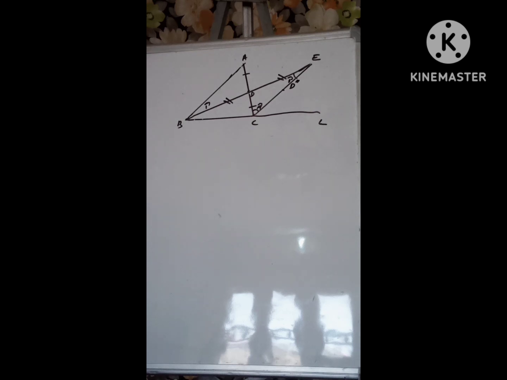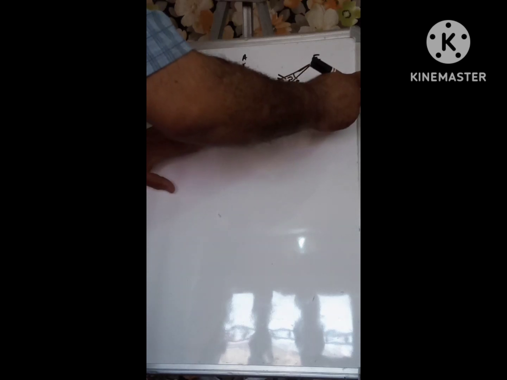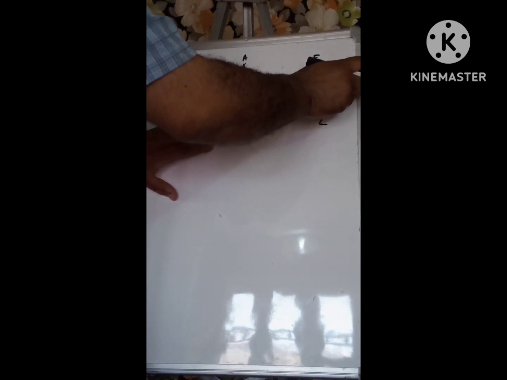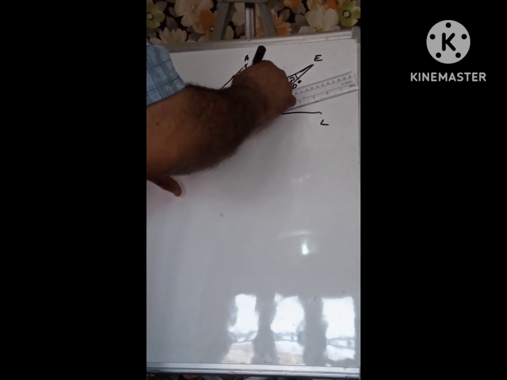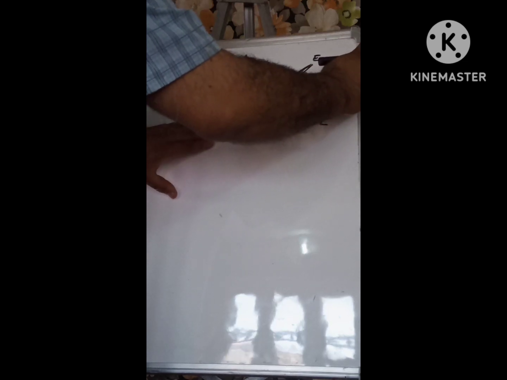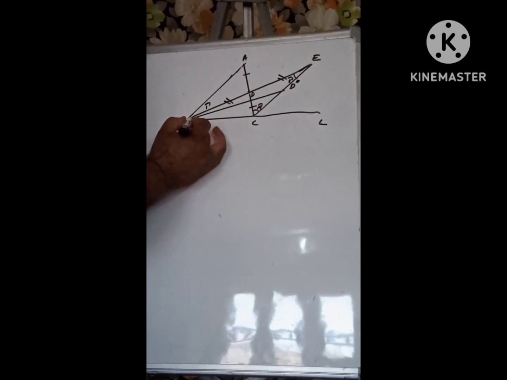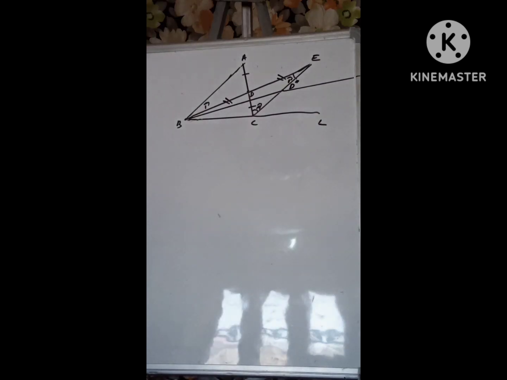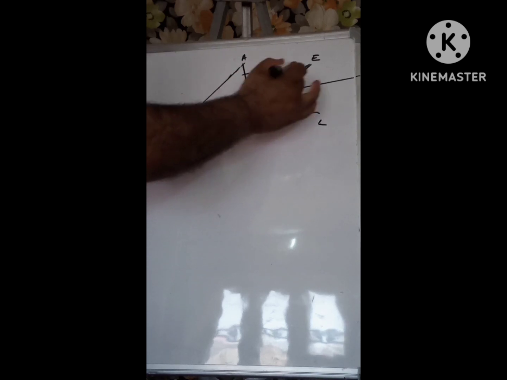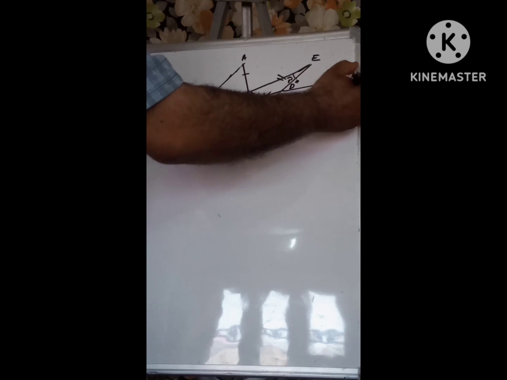I am going to join B and D double dash, and I'm going to extend it so that this length BD double dash equals the length D double dash E double dash.